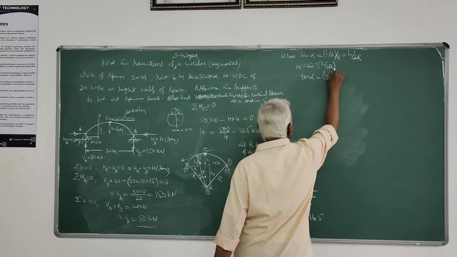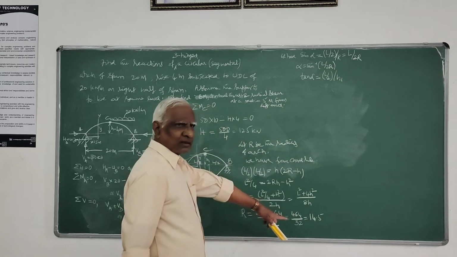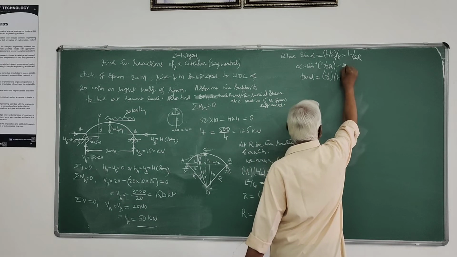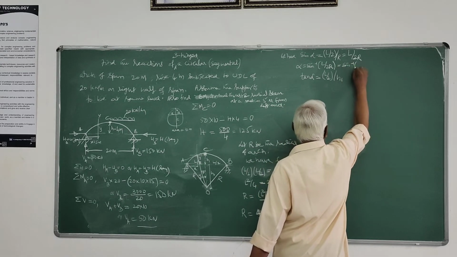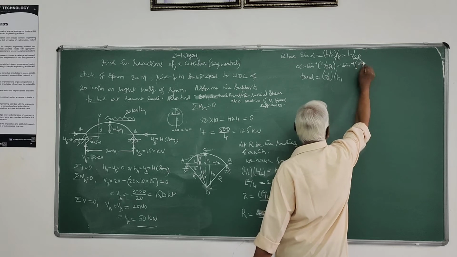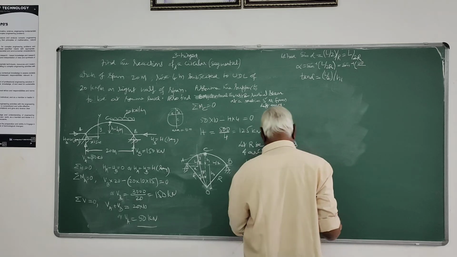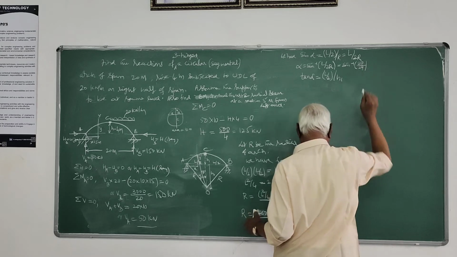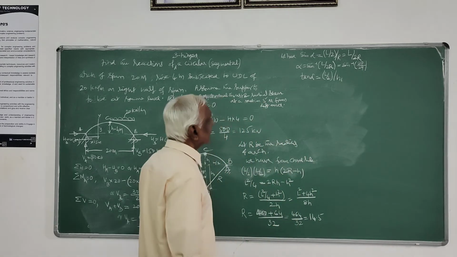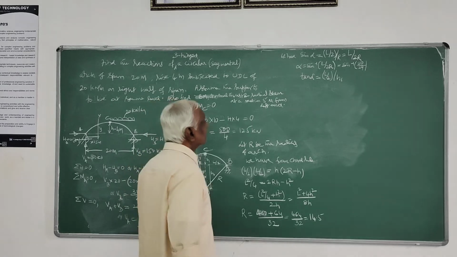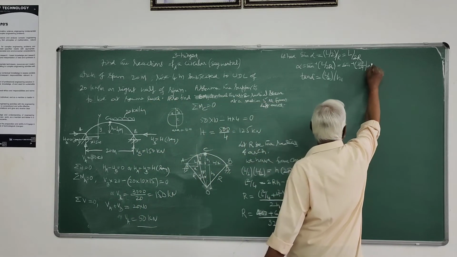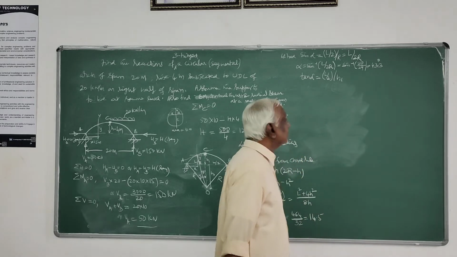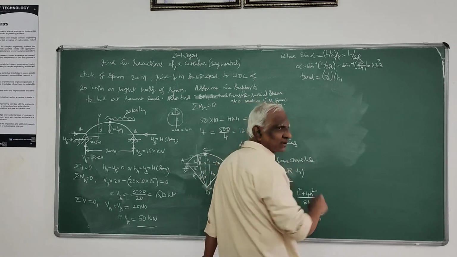Now you have determined R, and L is known, so you can find alpha. That is sin inverse of L, which is 20 meters, divided by 2R, 2 into 14.5, it is 29. So you can evaluate alpha, 43.6 degrees.